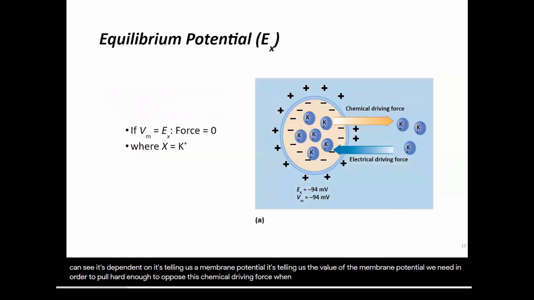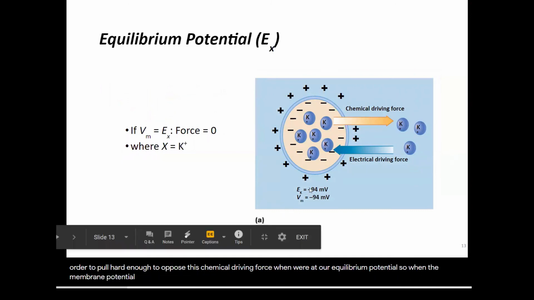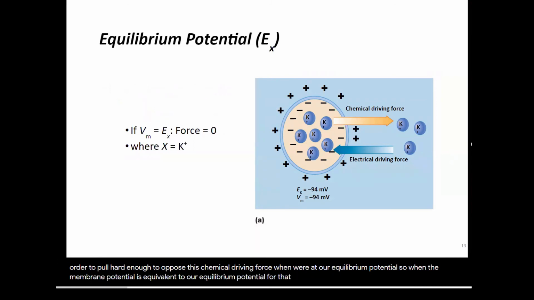So when we're at our equilibrium potential, so when the membrane potential is equivalent to our equilibrium potential for that ion, we'll have a force of 0 because these forces, the electrical driving force and the chemical driving force, are in exact opposition. So there would be no net force here. So even though we have an equilibrium potential, right, we have a number there, it's -94.